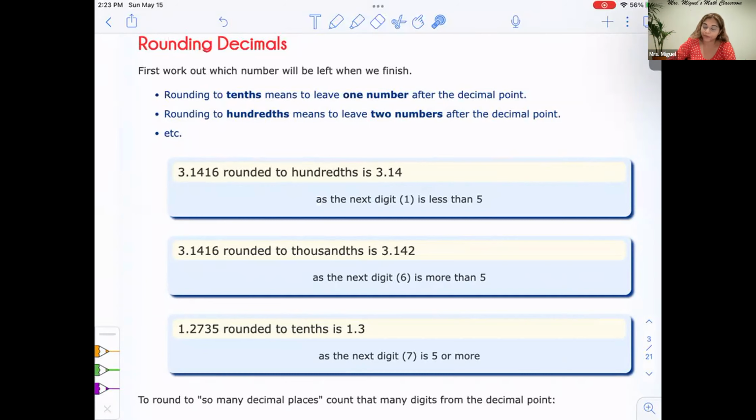So the first thing we're going to look at is rounding decimals. What does this mean? First, work out which number will be left when we finish. We are rounding to tenths, meaning to leave 1 number after the decimal point. Also, this can be approximating to 1 decimal place.